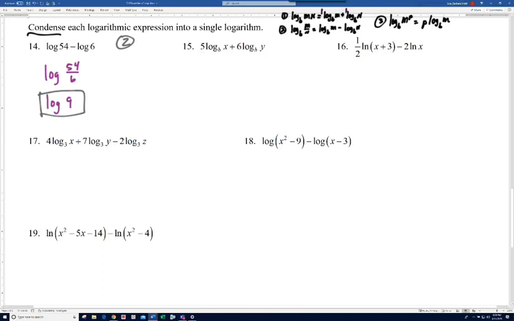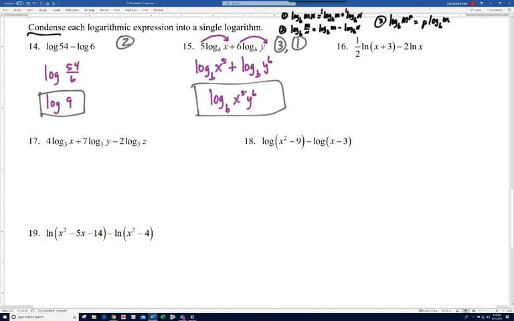The only rule I can use here is the power rule. So I'm going to go ahead and use property 3, and I'm going to move those numbers out front to become powers. This becomes the log base b of x to the 5th plus the log base b of y to the 6th. Now I can use the first property, which is the product rule, and since we have a sum of logs, we can write this as the log of a product. Using property 1, it'll be log base b of x to the 5th times y to the 6th.